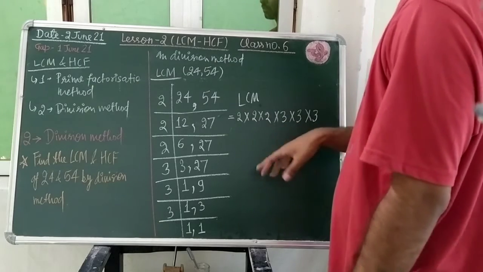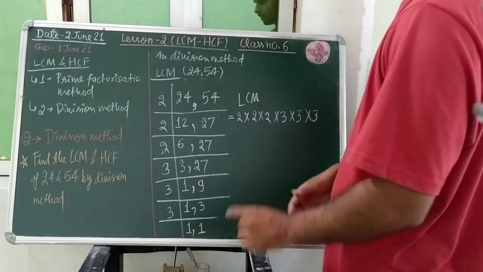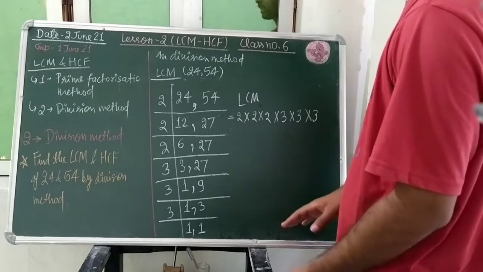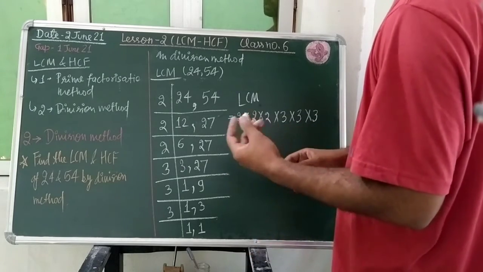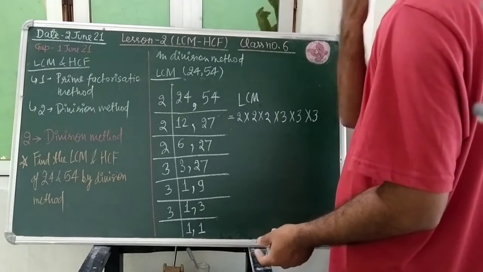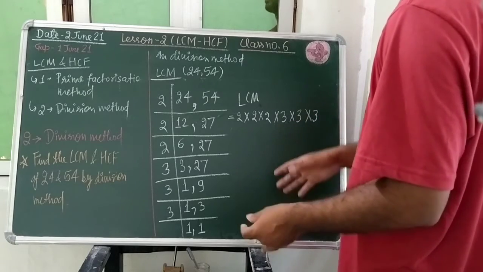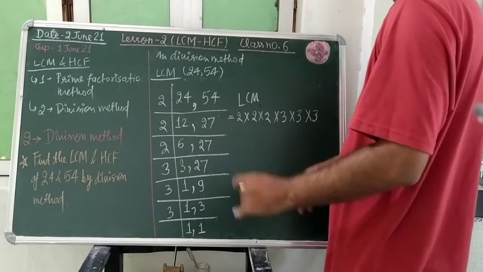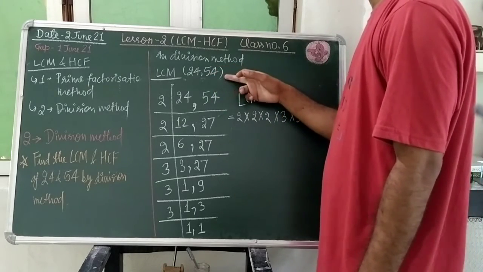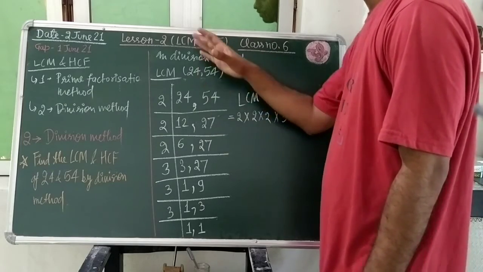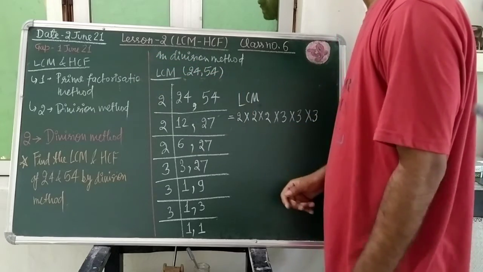You will not write it in the form of power, as we are talking about the division method, not the prime factorization method. In the prime factorization method, we write the numbers in the form of power, and for LCM the common number with highest power, and for HCF the common number with least power, with multiply operator. But in the division method, talking about the LCM, we shall select all the numbers and apply the rule which is similar to the prime factorization method.